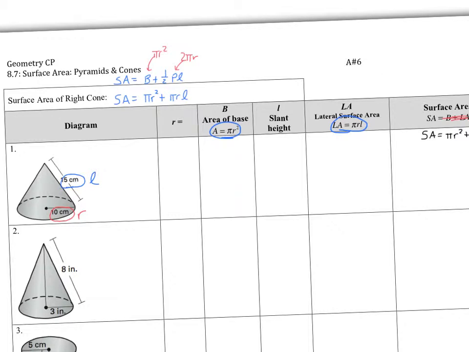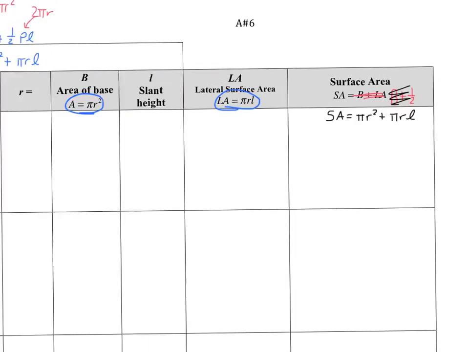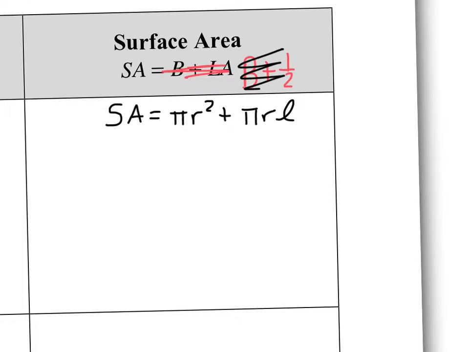But in this case, I have L being 15 and R being 10. So all I do is plug and play. The surface area is equal to pi times 10 squared plus pi times 10 times 15.